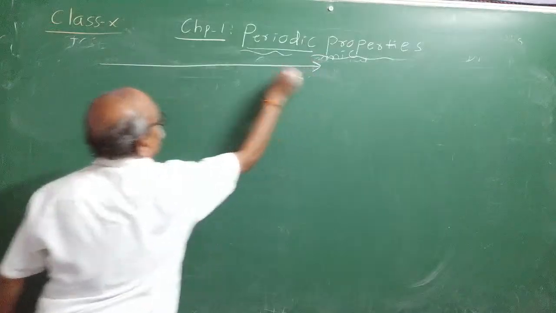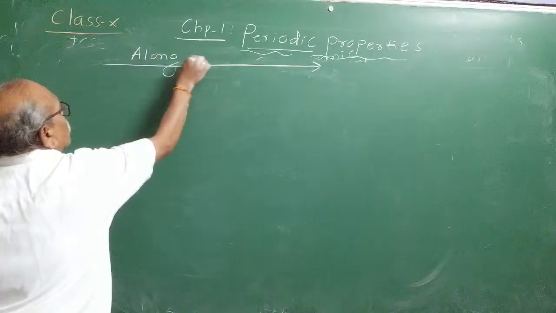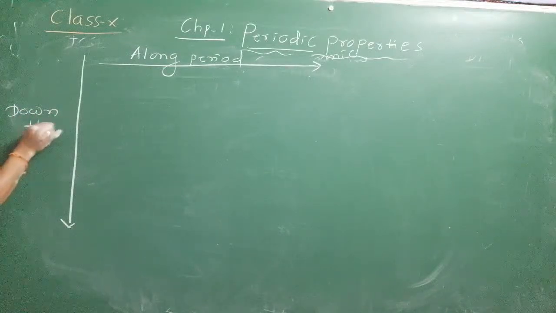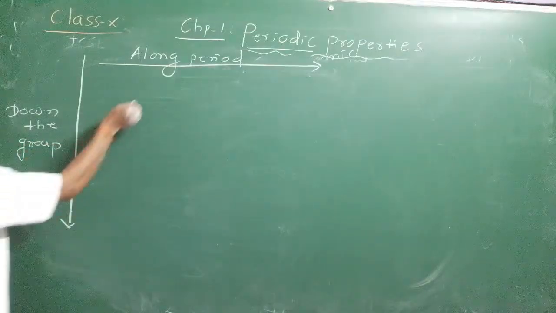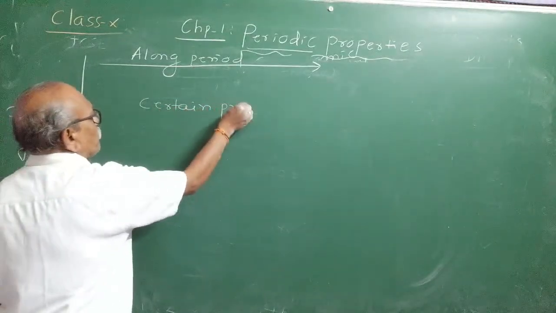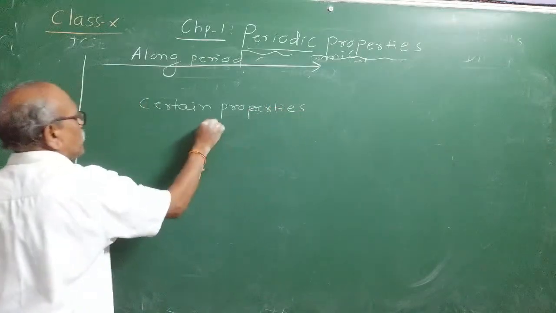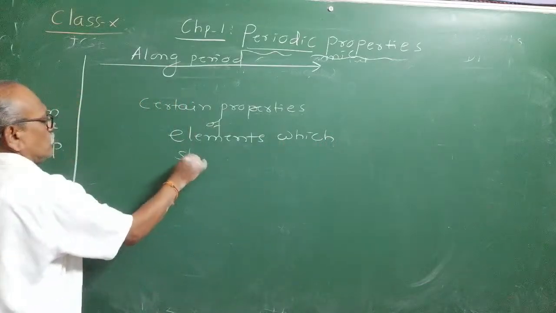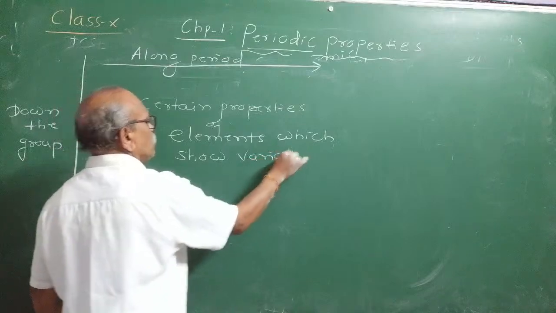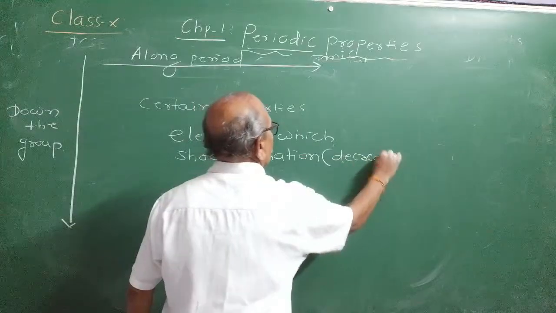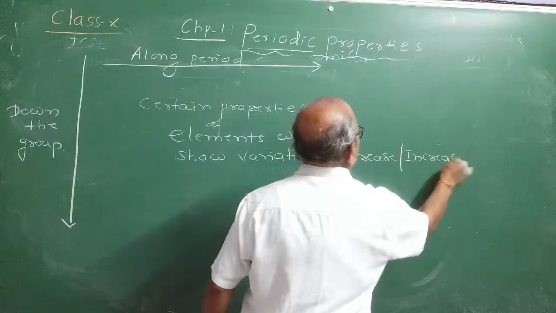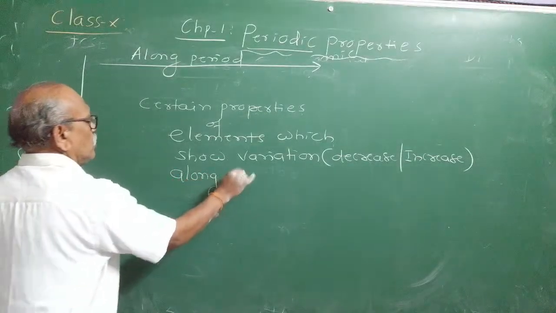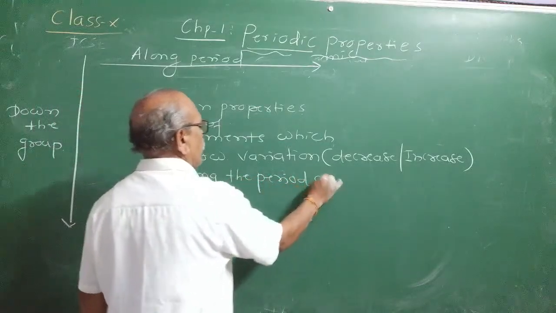Along the row, that is along the period, and if you come down the group in the periodic table, there are certain properties of elements which show variation, that is a decrease or increase, along the period and down the group.